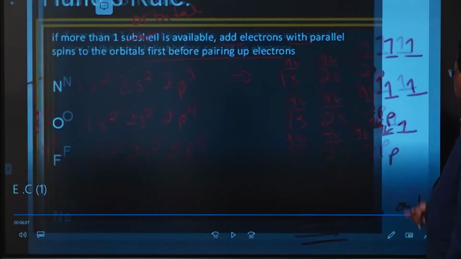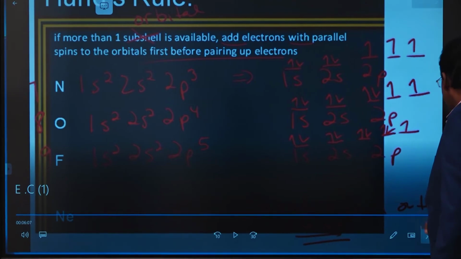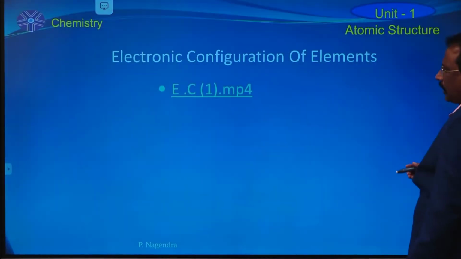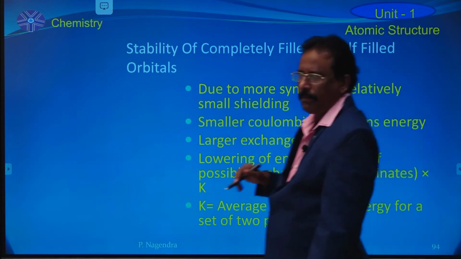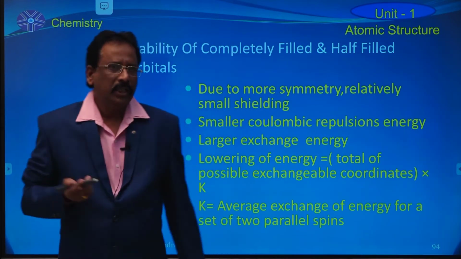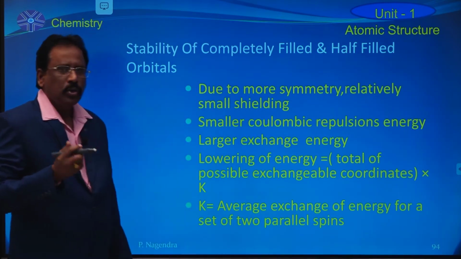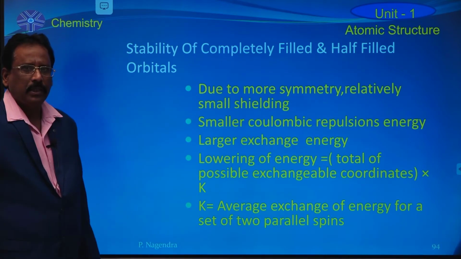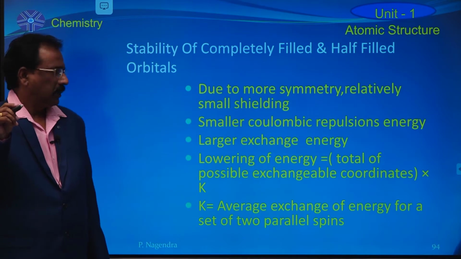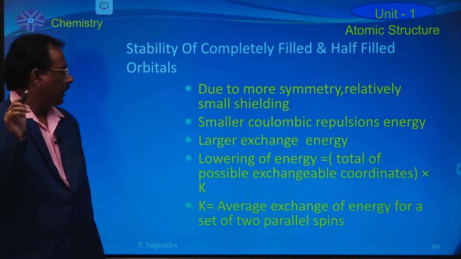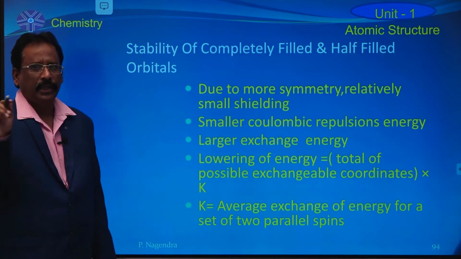So the final point is, with the help of the Aufbau principle, Pauli's principle and Hund's rule of maximum multiplicity, it is possible to write the electronic configuration of any element in the periodic table.